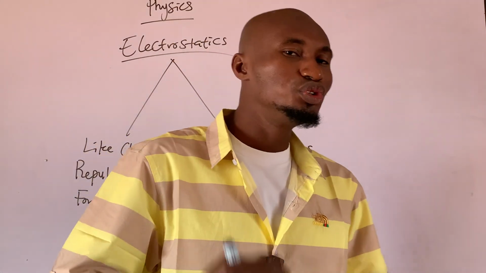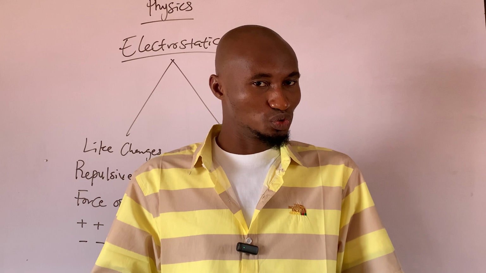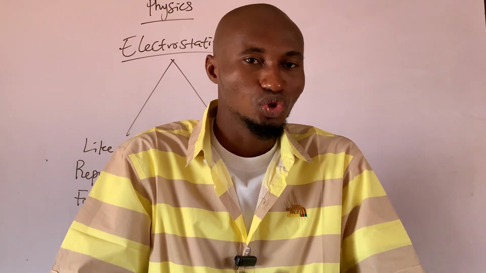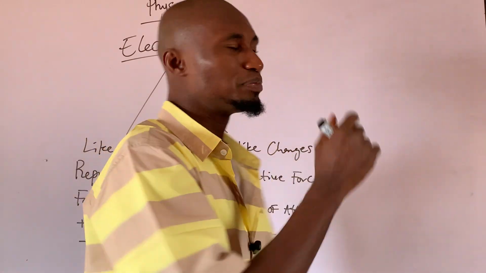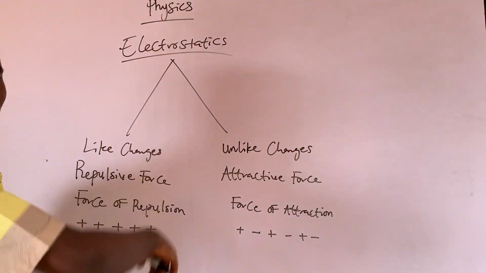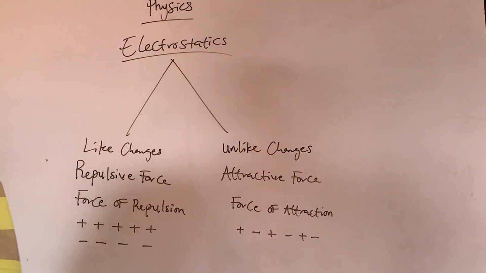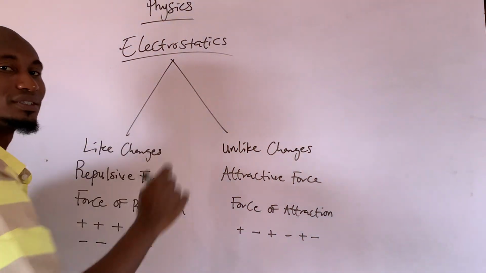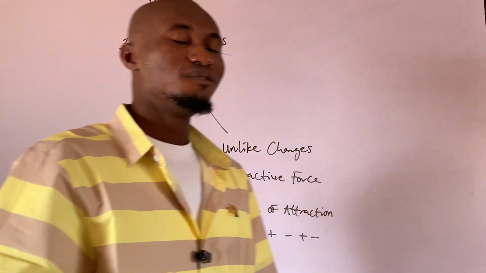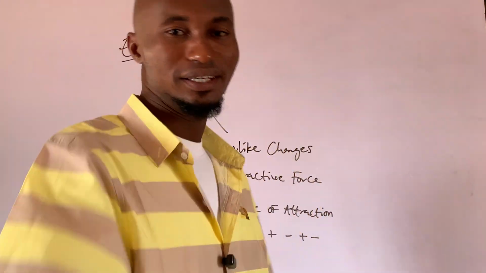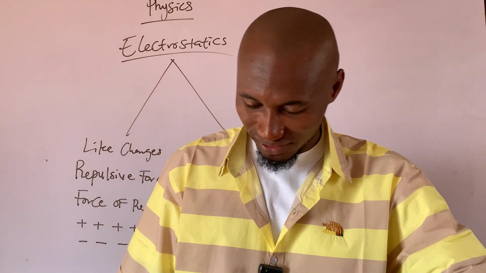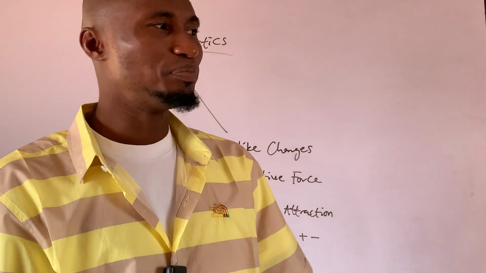So when you have sodium plus, chlorine minus, when they come together, it becomes what? Sodium chloride. The same thing is applicable here in electrostatics. The rule of electrostatics states that like charges repel and unlike charges attract. You do understand the point now?